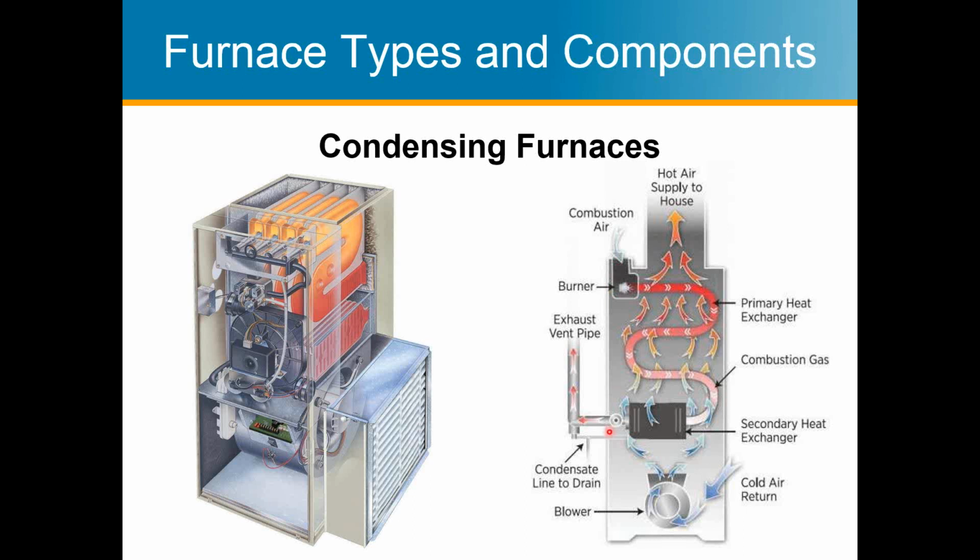In everything I've showed you before, the burners are down low and the heat comes up through the heat exchanger and out the top. Here the burners are up high, and then they're forced to go downhill, and the heat's being taken out of the exhaust gases all along the way until it gets to the bottom, and the exhaust gases are the coolest down here.